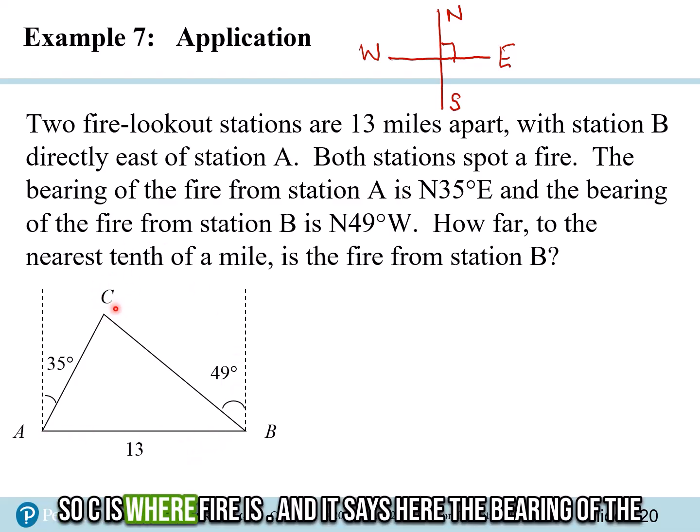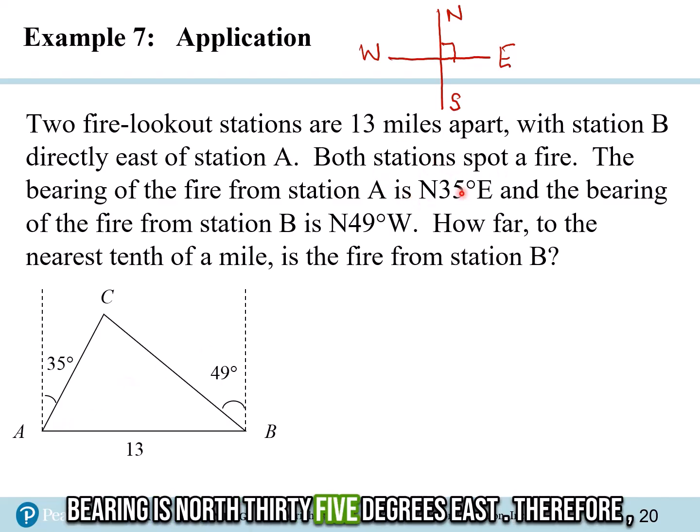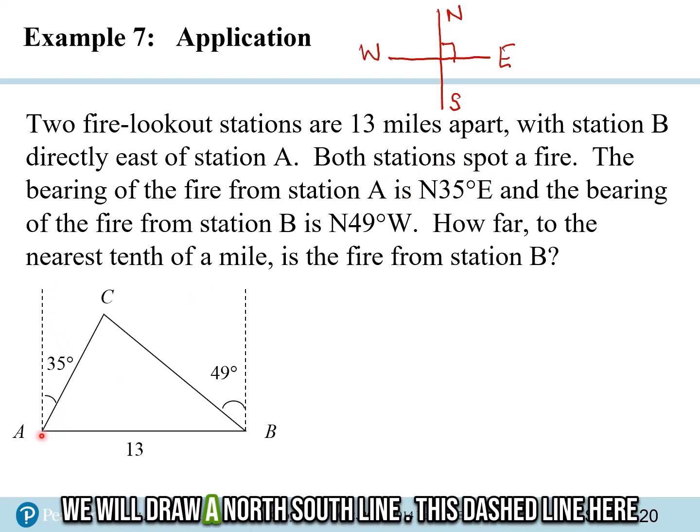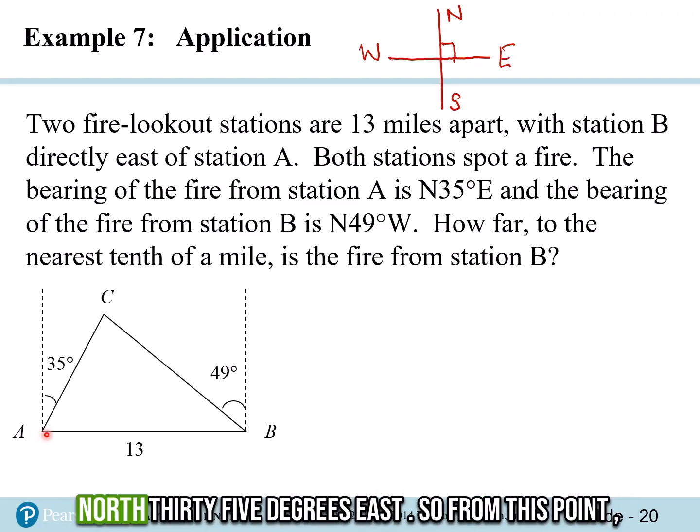So C is where the fire is, and it says here the bearing of the fire from station A. So let's focus on station A. The bearing is north 35 degrees east. Therefore, we will draw a north-south line. This dashed line here is the north-south line. From station A, the bearing is north 35 degrees east.